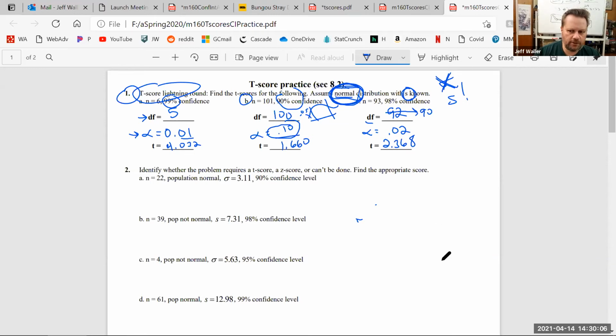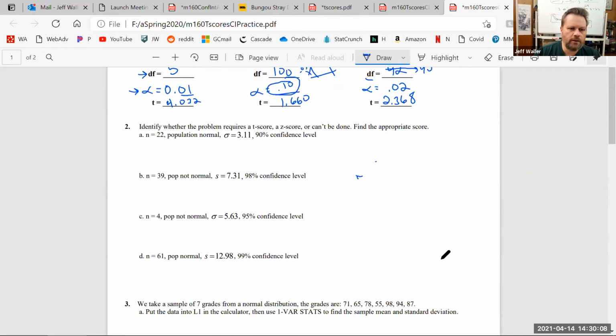Now look at number two. Number two opens things up a bit. It says the right answer could be a z-score, a t-score, or can't be done. So on 2A, what might you be worried about when you see n is 22?